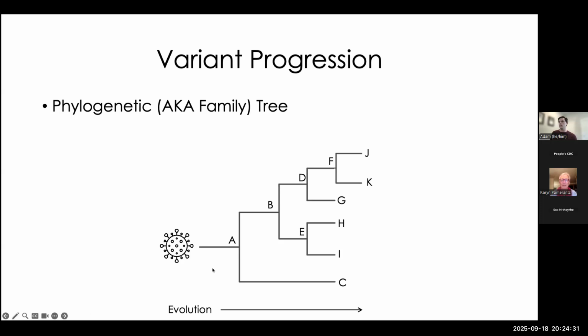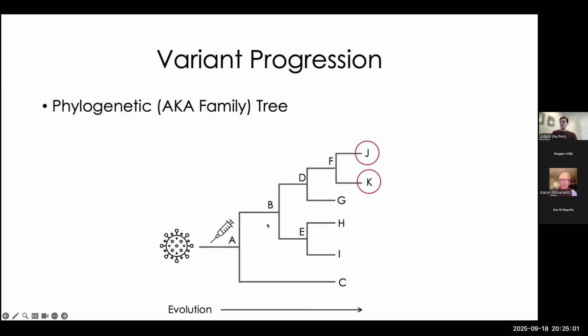We can just call this variant A. And then as the virus evolves, the tree expands, and each of these branches are a variant, and then more variants coming off, and so on and so forth. So let's say this is our variant phylogenetic tree, and right now variants J and K are circulating. But your last shot was for variant A. Now, having a shot for variant A is much better than nothing.